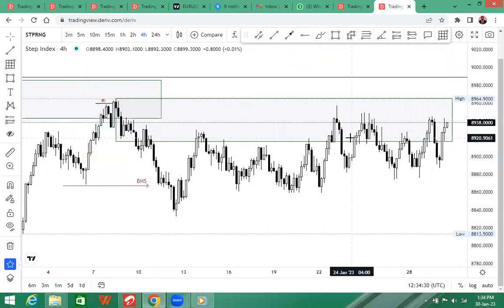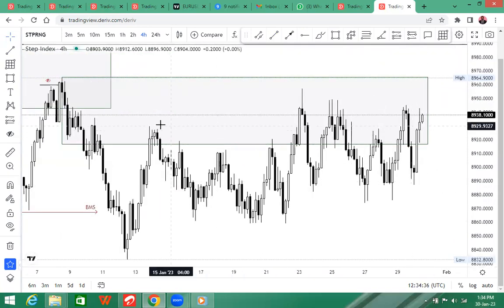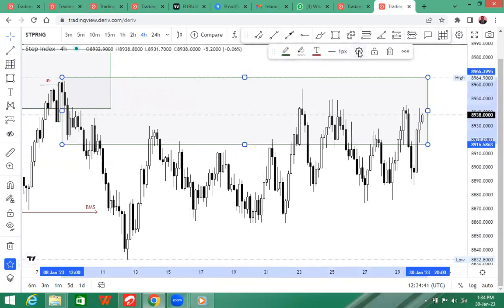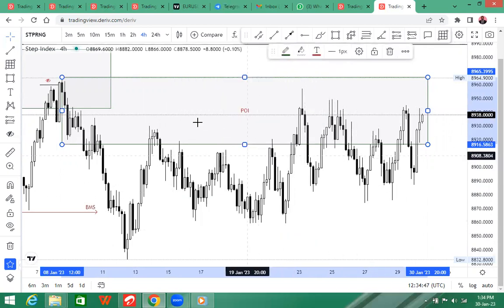So my focus is here now. Are you getting it now? So my focus is on this box. Yes, this is my area, potential area for redistribution, or I'll just write POI, whichever one you understand.